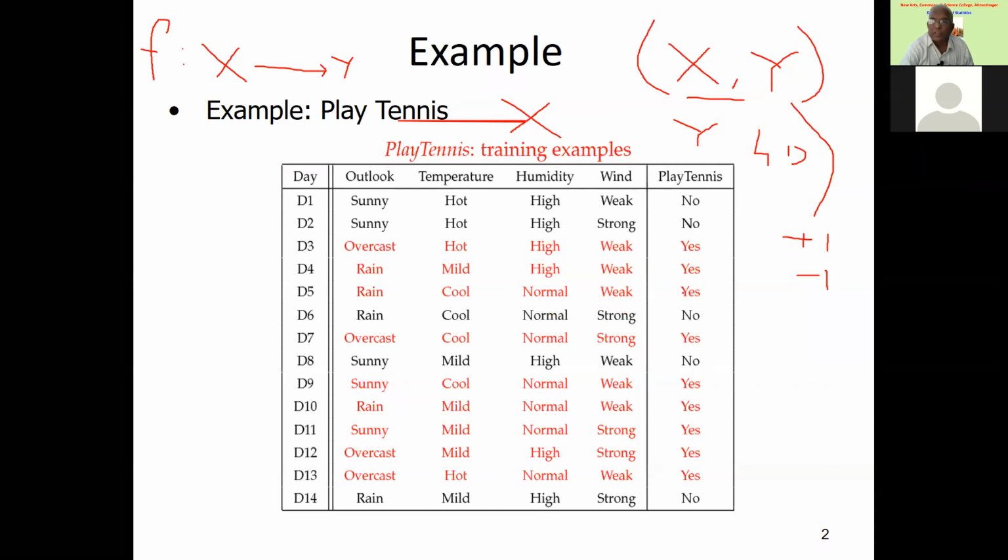See here, yes, yes, yes, yes, yes, yes, yes. Among these, this is one sunny day. This is another sunny day. And see whether there is any other sunny day. No sunny day. So there are 2 sunny days out of 9.